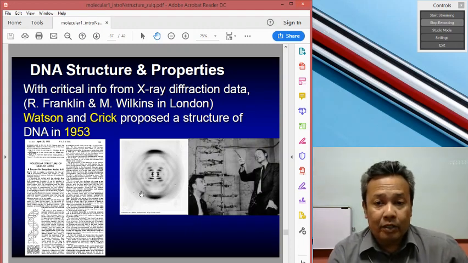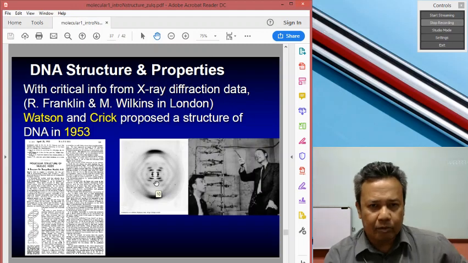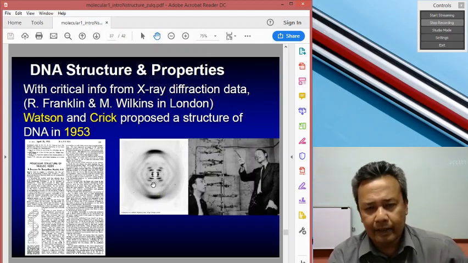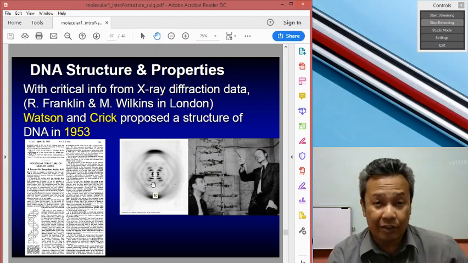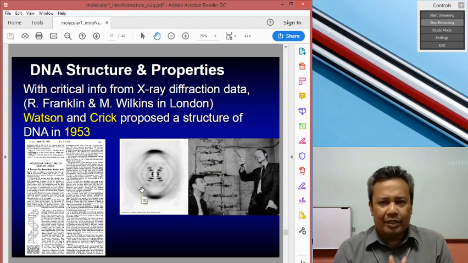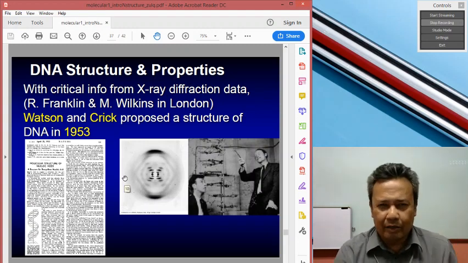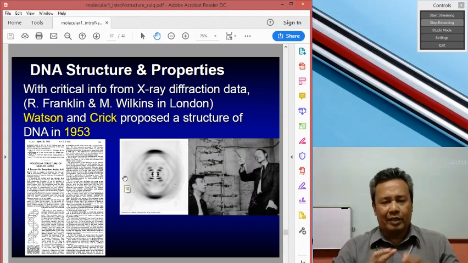This is a work by Rosalind Franklin and Maurice Wilkins. They did what is called X-ray diffraction, and what they learned from this is that DNA is a very constant molecule. Many different groups were trying to figure out the structure of DNA, and Watson and Crick were playing with building blocks.